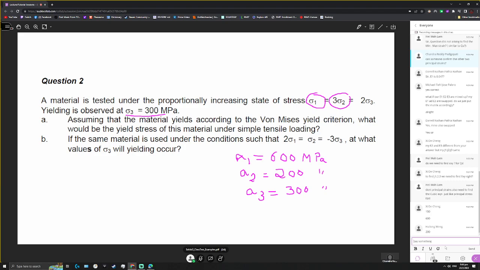Then use the von Mises yield criterion. The von Mises yield criterion is sigma y equals 1 over root 2 times sigma 1 minus sigma 2 whole square, plus sigma 2 minus sigma 3 whole square, plus sigma 3 minus sigma 1 whole square.